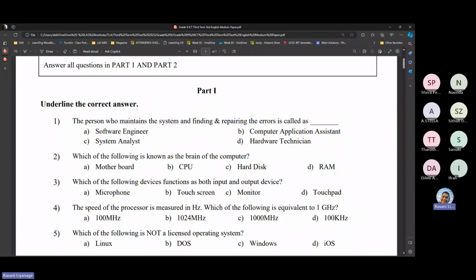And hardware technician: when you say a system, it's not just hardware. Repairing errors in software is also there, which means hardware technician also we can remove. Then we come to system analyst.